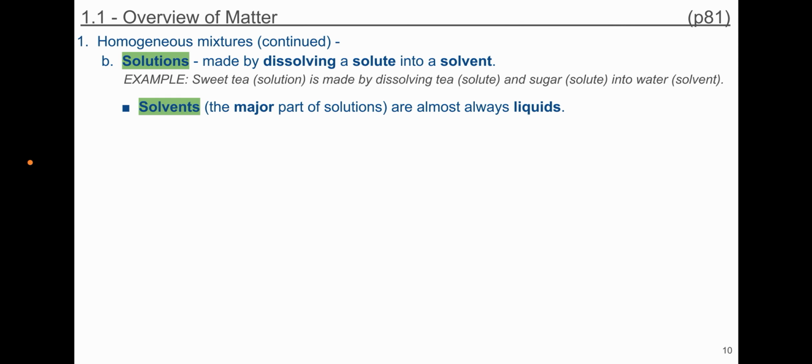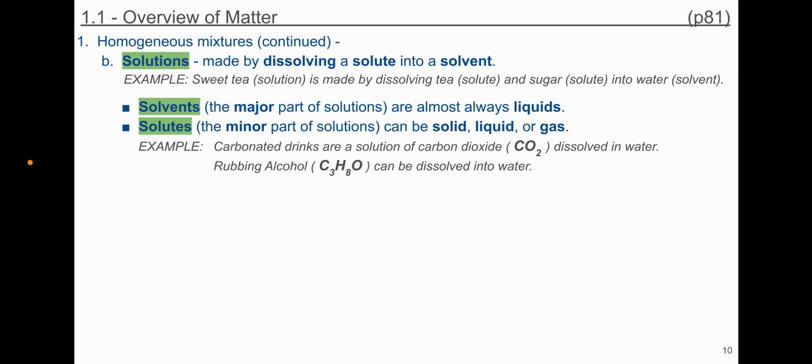Like water is the main part of sweet tea, and it's almost always a liquid. Solutes are the minor part of solution and can be a solid, liquid, or gas. In the first example I gave you, tea and sugar are solids dissolved in water, a liquid. Here's an example, carbonated drinks, you got CO2, a gas dissolved in water, and then rubbing alcohol, C3H8O, is a liquid that is dissolved in water.